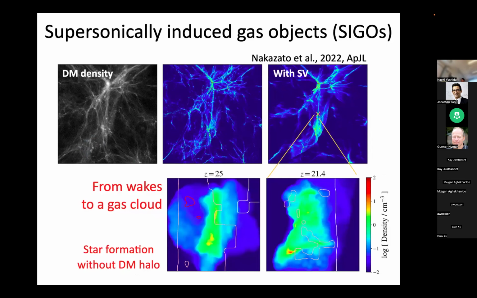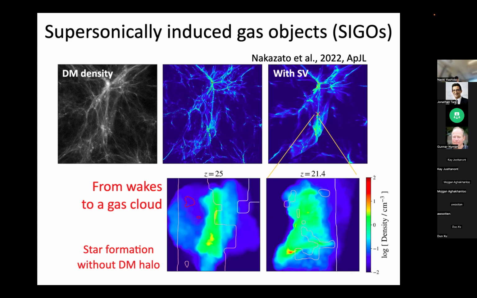Another example was done by one of our students at University of Tokyo, Nakazato et al. They showed, compared to the dark matter density, the gas density looks like this with streaming motions. And we see this filamentary structure is slightly offset compared to the underlying dark matter. The underlying dark matter distribution is shown by the pink contours. And finally, by redshift 21 or so, the gas cloud is completely offset from the dark matter halo once produced.